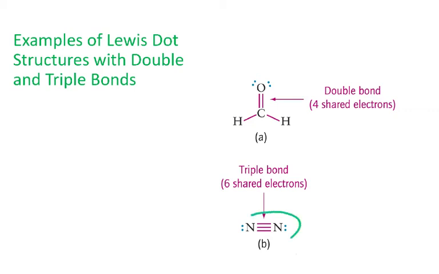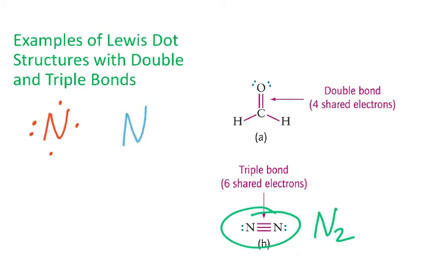So nitrogen, this is N2, right? So a nitrogen has 3 single electrons and 1 pair. I'm going to use a different color. Right, and so we can imagine them lining up here, approaching each other, and they each need three more to make their octet.